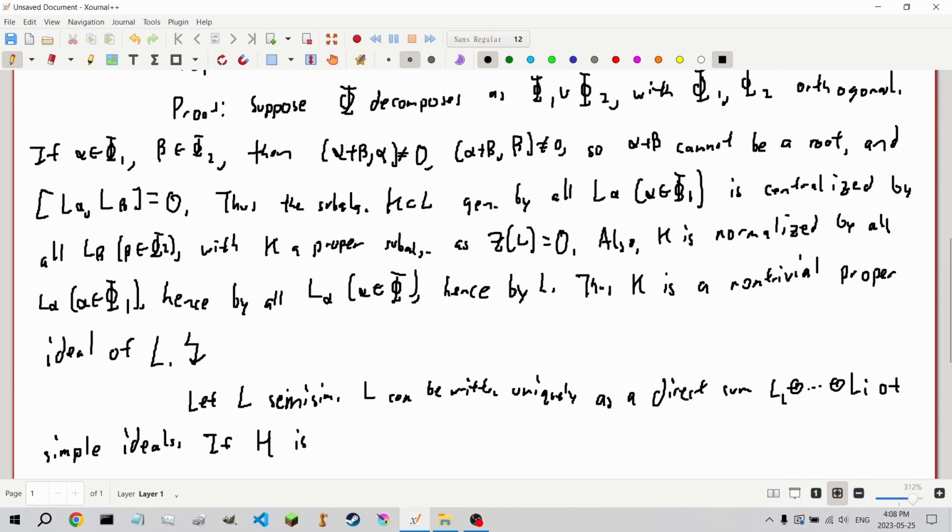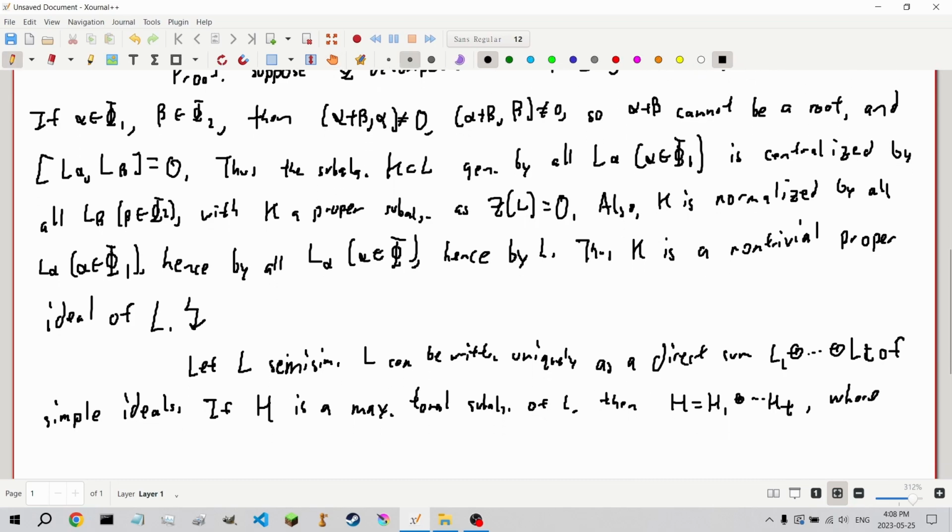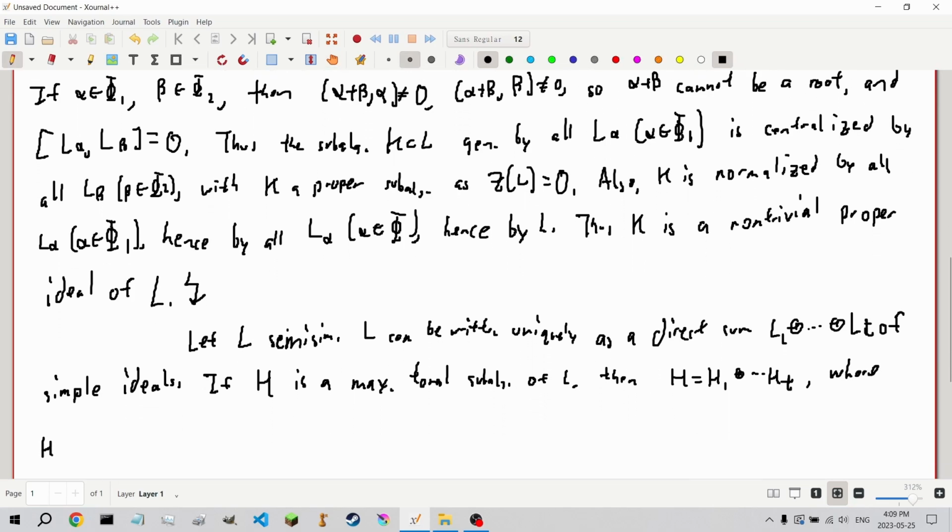If H is a maximal toral subalgebra of L, then it has a corresponding decomposition. Okay, these are indexed up to t, not i, where these Hi are just generated by being the intersection of the associated Li with H.